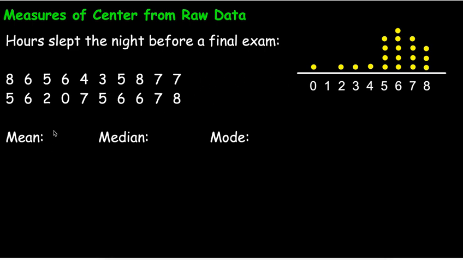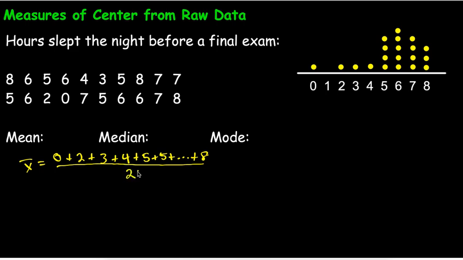To find our mean, we would take all those values and add them up and divide by how many we have. So we have 20 values here, and we would just add up our 0 plus, I don't have a 1, but I've got a 2 plus 3 plus 4 and so on, plus 5 and all the way up to that last person that got 8 hours of sleep, and I have 20 of them.